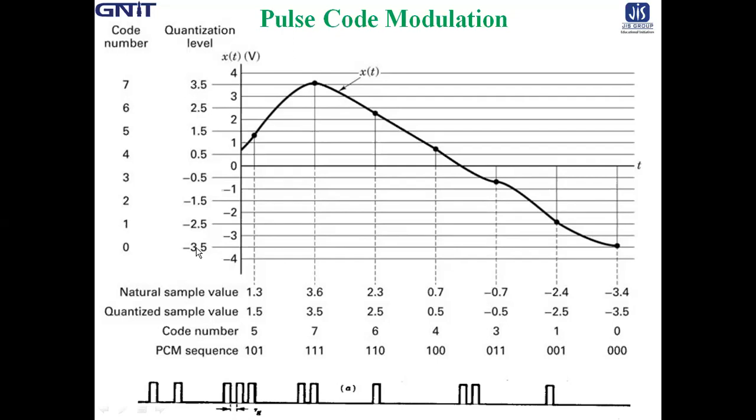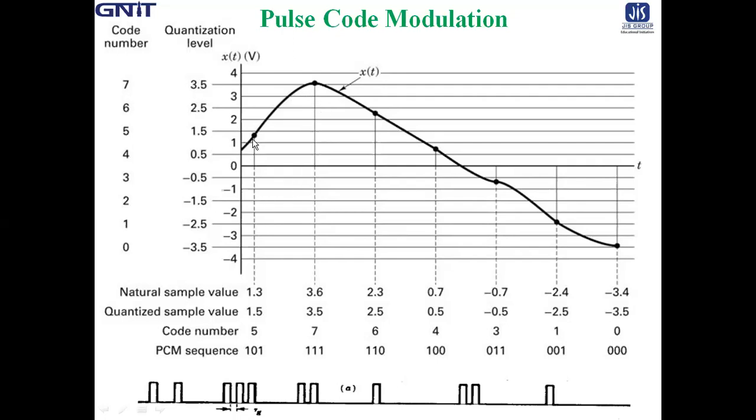So -3.5 is denoted as 0, -2.5 is denoted as code number 1, -1.5 is denoted as 2, and following this, the 3.5 quantization level is denoted as 7. So this is all about the quantization levels.